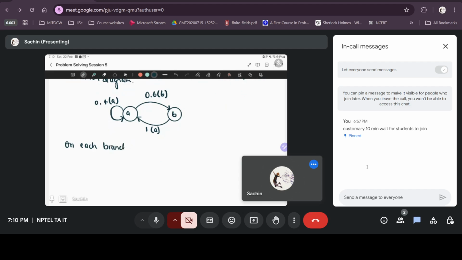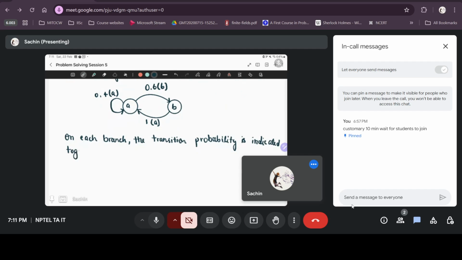On each branch, the transition probability is indicated, together with, in parentheses, the output symbol emitted by the source when the transition is made.